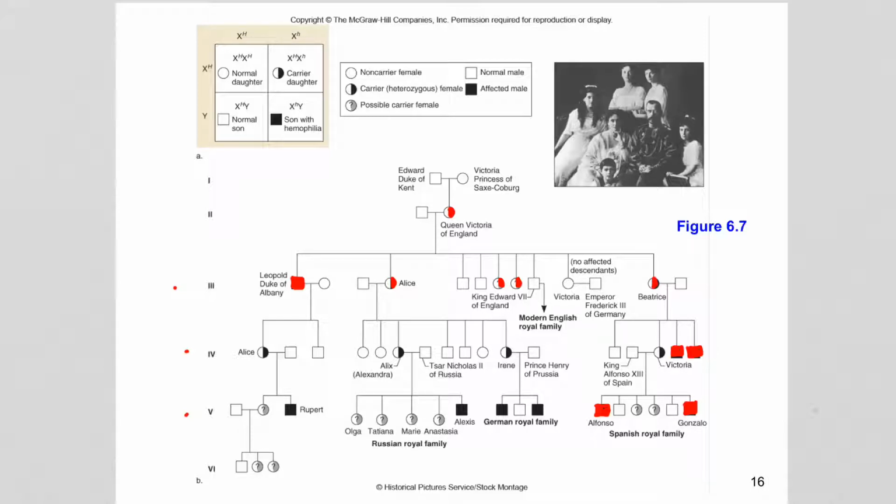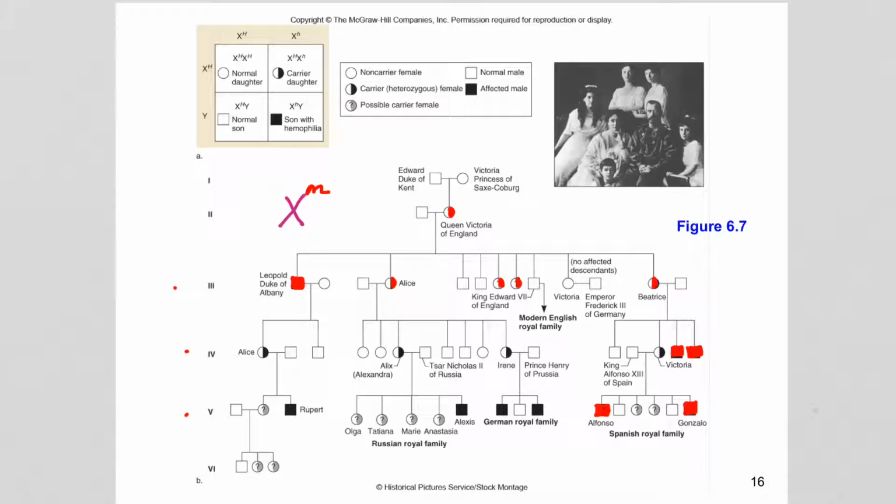So what that tells us is that this condition has to be carried on the X chromosome. And here's our mutation. Okay, so the males are hemizygous for these conditions, so they only inherit one X chromosome. Whatever they inherit is what's going to be expressed.